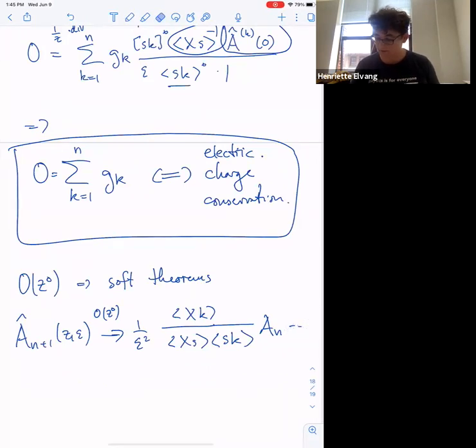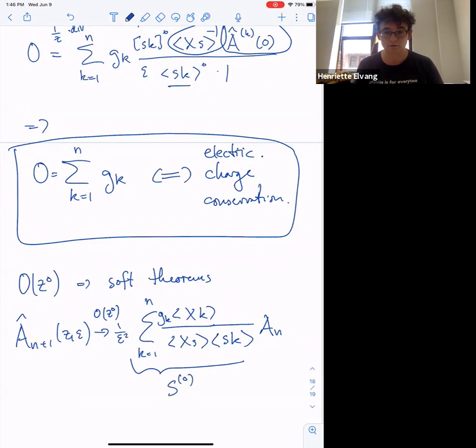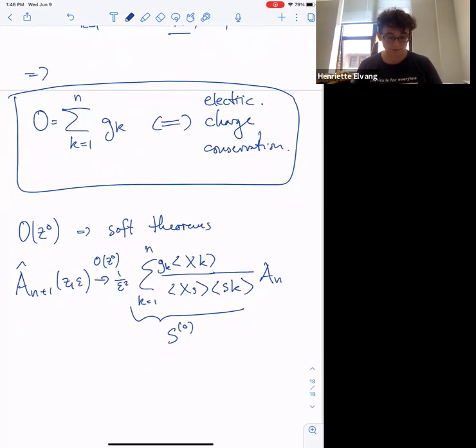So it's just A_n. And again, just as before, there's actually no k dependence. Oh, and I forgot my g_k and then my sum. Let me get those in. So I have my sum over k, 1 through n, and g_k. And this is exactly the thing that I called the soft factor from before. So this derives for us the leading soft theorem.